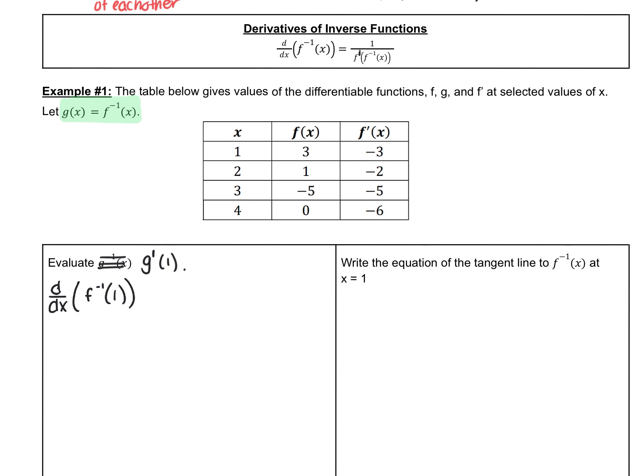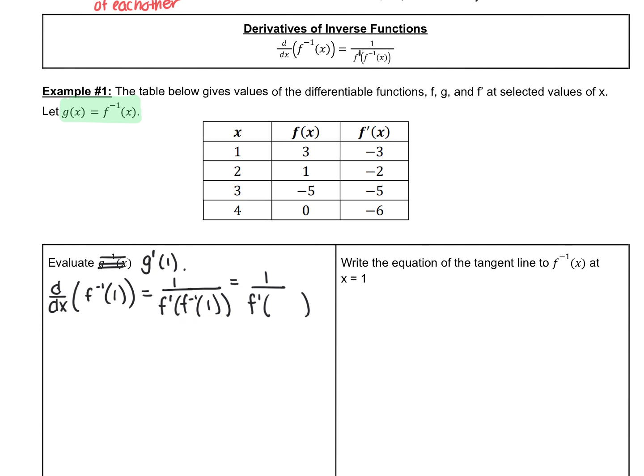So we're simply going to use the formula above. So we see that it's 1 over f prime of f negative 1 of 1. The prime is the derivative and the negative 1 is the inverse. Let's find that first.